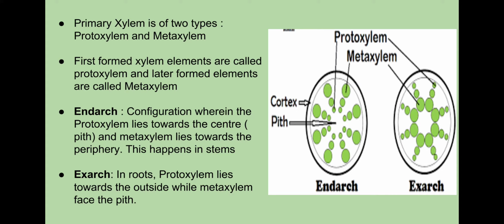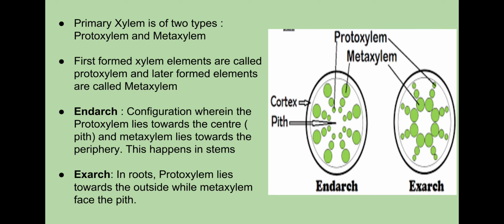Now there are two configurations in which these two types of elements can arrange themselves. For example, there is a configuration known as endarch, and in endarch the protoxylem, or the elements which are formed first, lie towards the center facing the pith, while the metaxylem lies towards the periphery or the outer edge of the tissue.